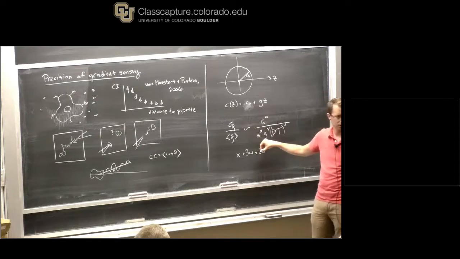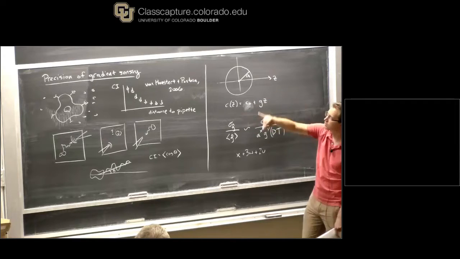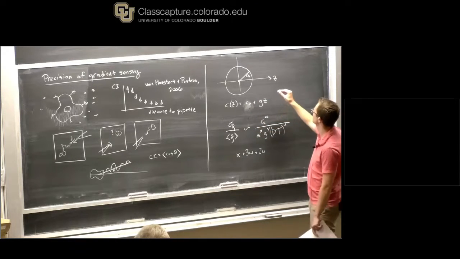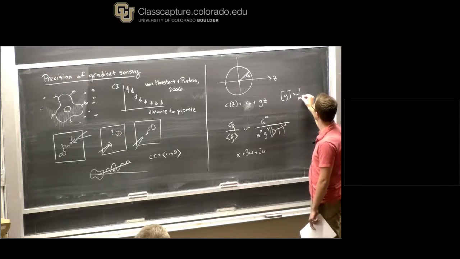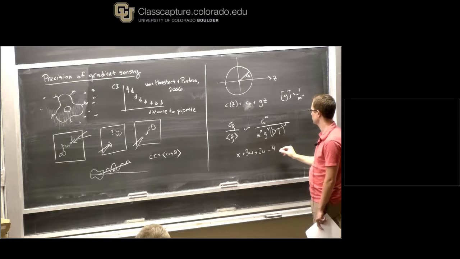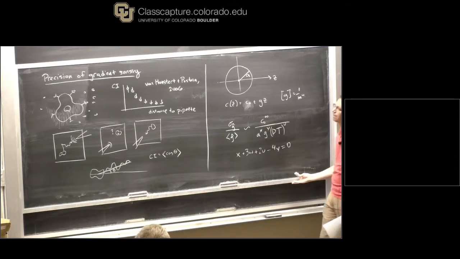What are the dimensions of g? One over meters to the fourth. It's the derivative of 1 over meters to the third. So we need minus 4y. All that has to be 0 because it's a dimensionless thing.